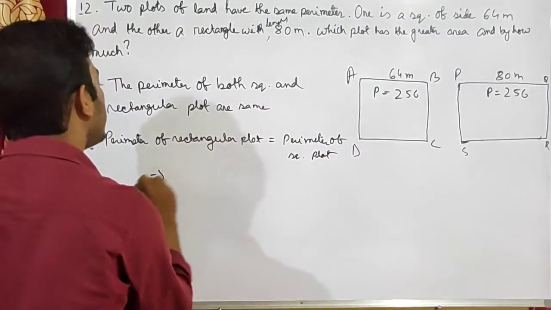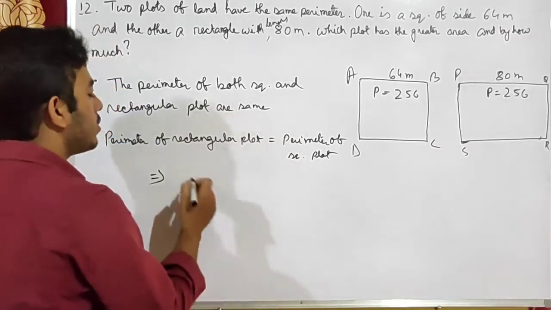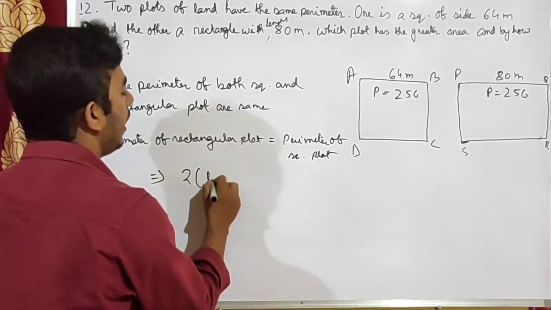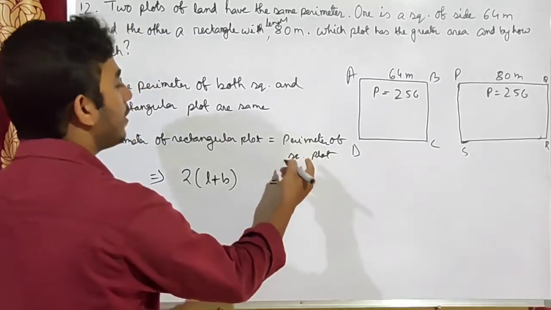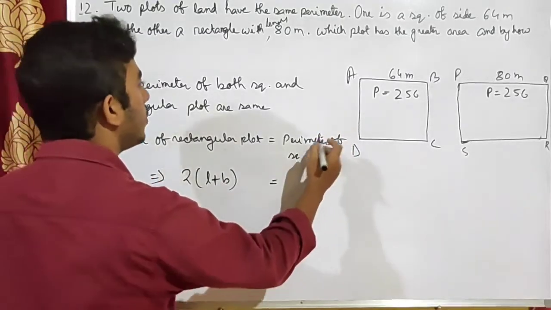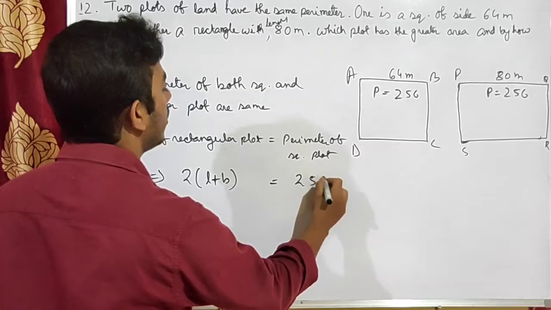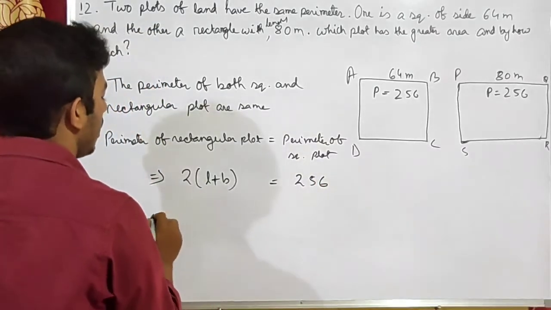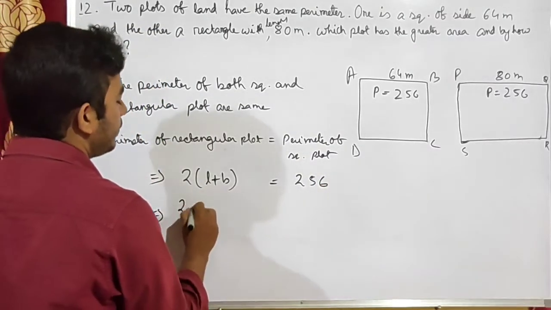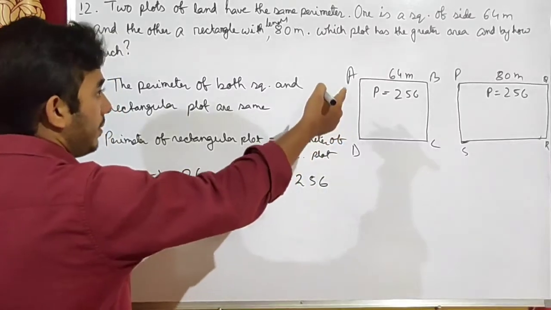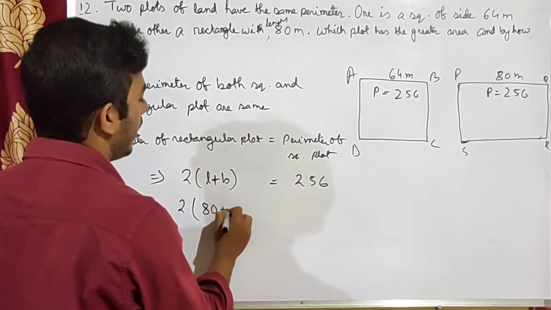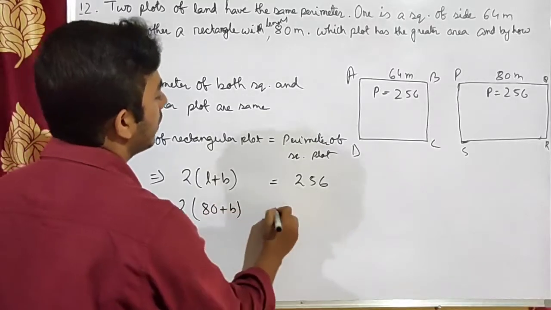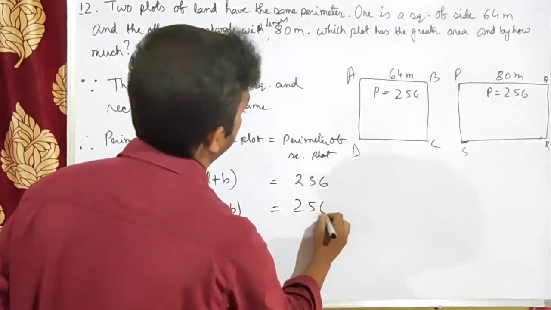So now the perimeter of rectangular plot, its formula is 2 into (length plus breadth). And the perimeter of the square plot we have already found, which is 256. Now look, the length of the rectangle is 80, and we have to find the breadth. This is our main thing in the question, and here it will be 256.